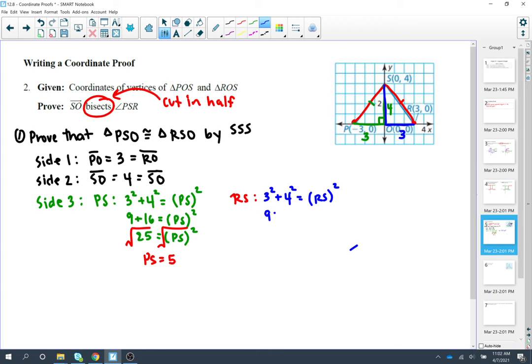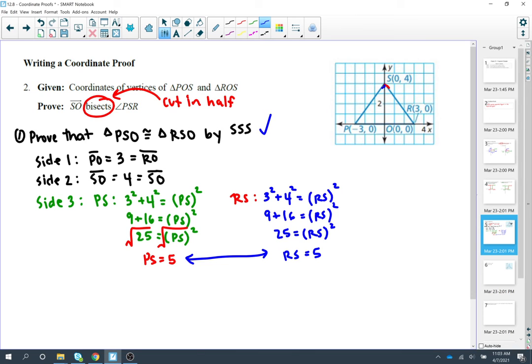So 9 plus 16 equals RS squared, which gives me 25, and then square root. So we know RS is 5. So we now know that these are both 5. So step 1, we proved that the two triangles are congruent by the side-side-side theorem.